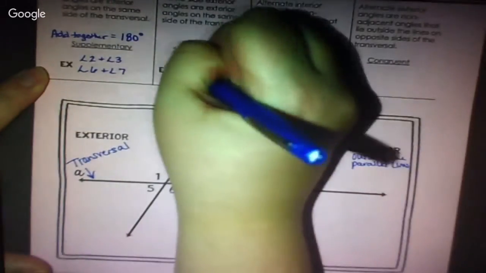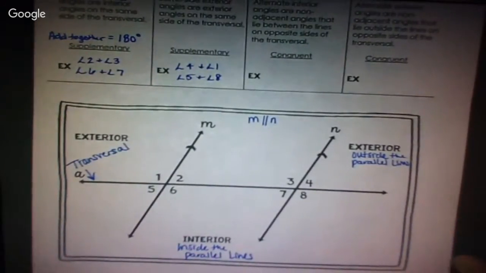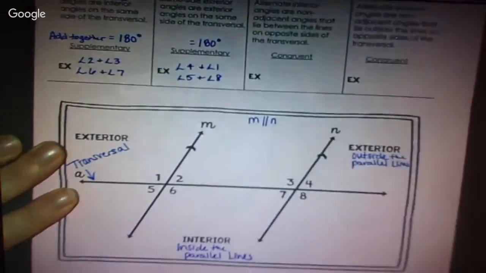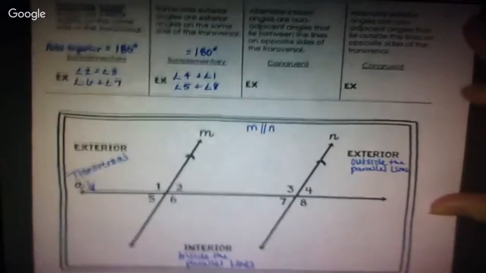So angle 4 and angle 1, and angle 5 and angle 8. These also equal 180. Notice, same side supplementary. What do they both start with? S. That's a good way to remember that they're supplementary.